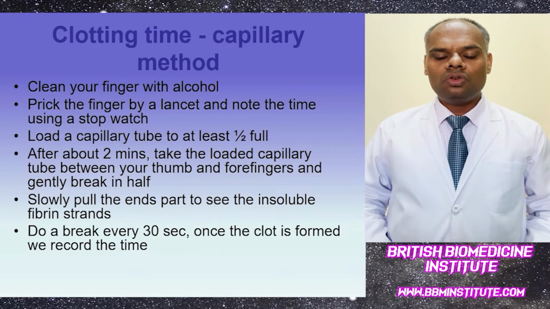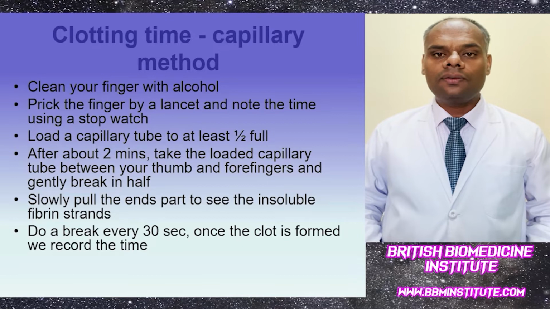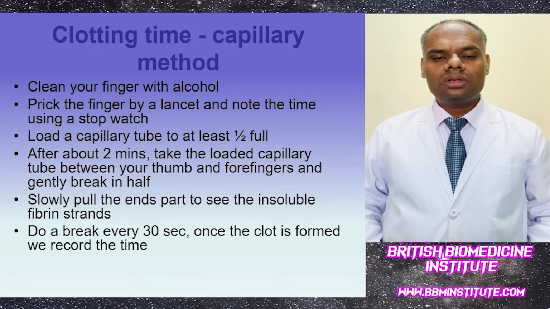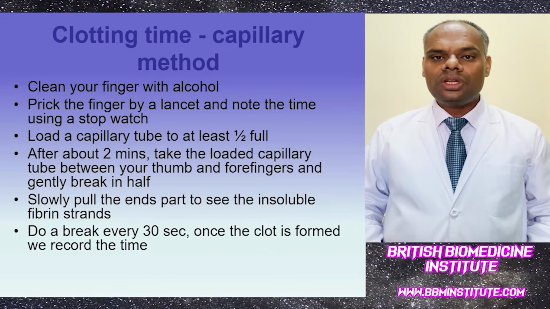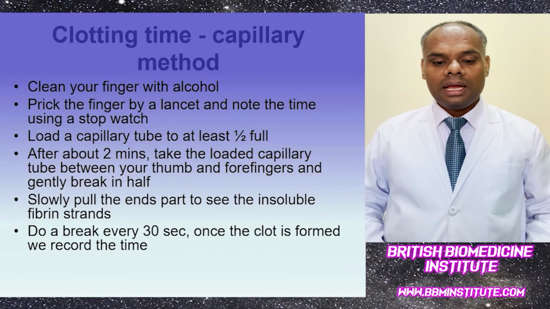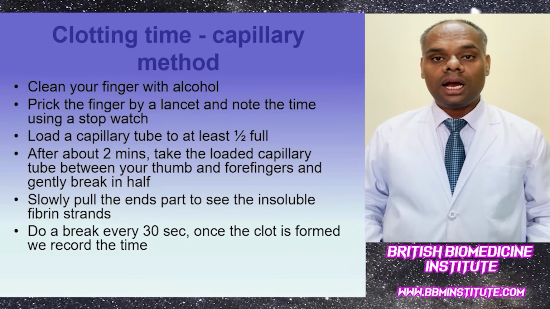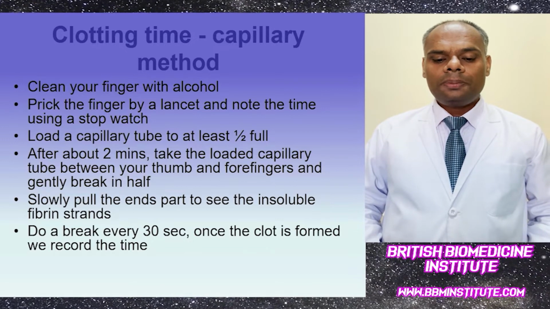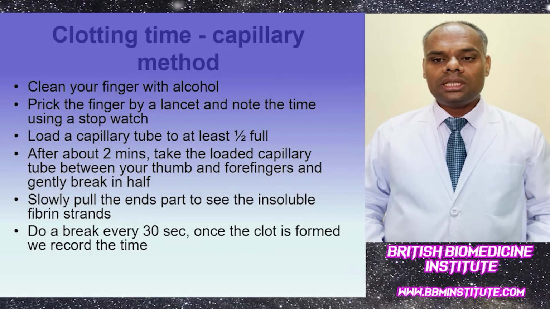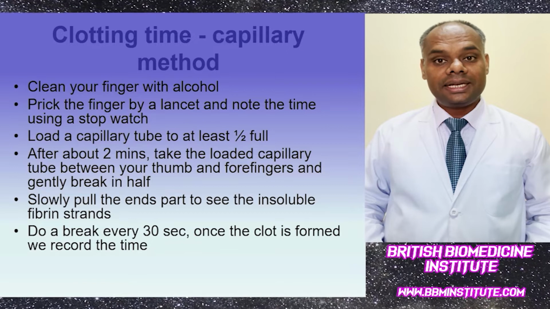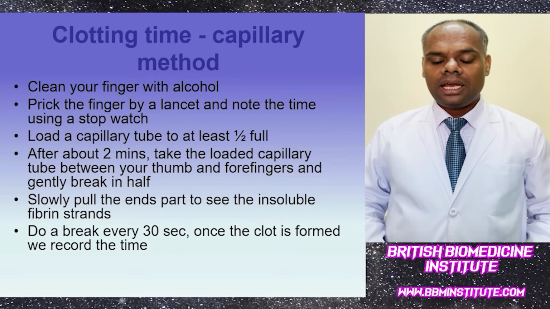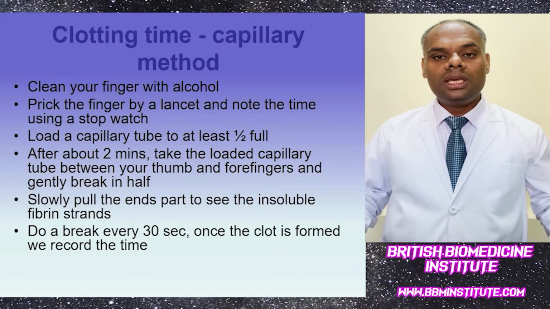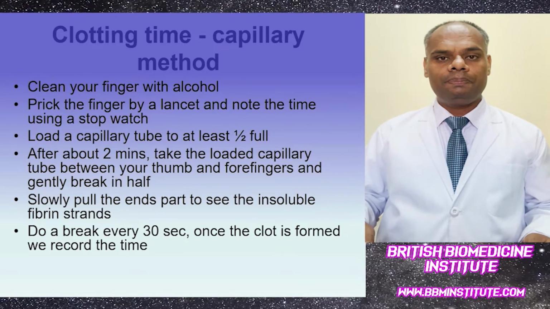Load a capillary tube at least half full. After about 2 minutes, take the loaded capillary tube between your thumb and forefinger and gently break it in half. Slowly pull the ends apart to see the insoluble fibrin strands. Do a break every 30 seconds, and once the clot is formed, we record the time.